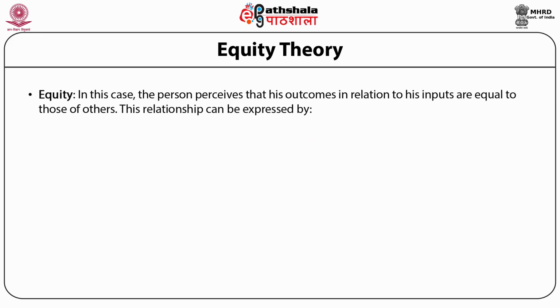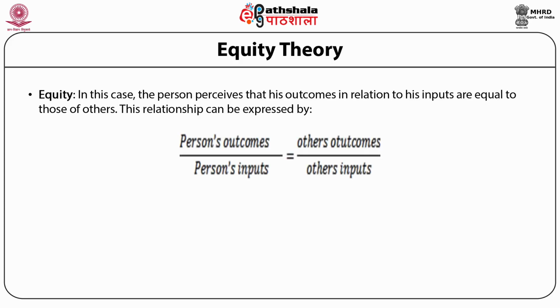Equity. In this case, the person perceives that his outcomes in relation to his inputs are equal to those of others. This relationship can be expressed as the ratio of person's outcome to person's input is equal to the ratio of other person's outcome to other person's input. In this case, the person experiences satisfaction.